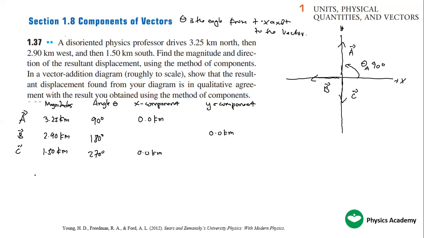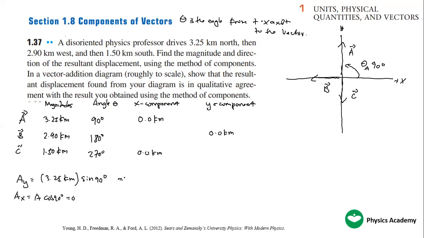So all you have to do is find AY, which is 3.25 kilometers times sine of 90 degrees, because your AX is equal to A cosine of 90 degrees, which is equal to 0.